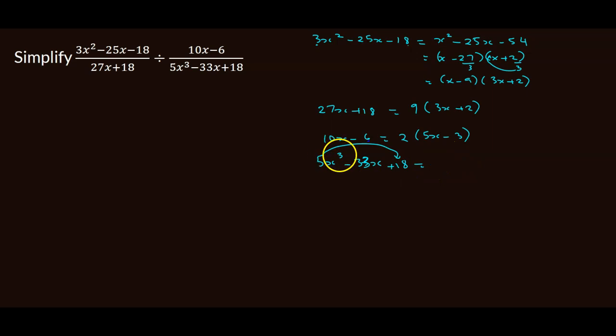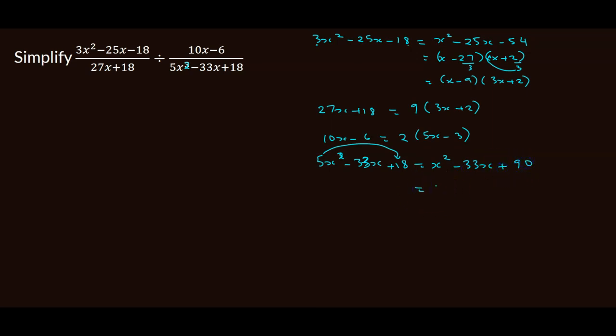So this is x squared, and that's actually going to give us x squared minus 33x plus 90.